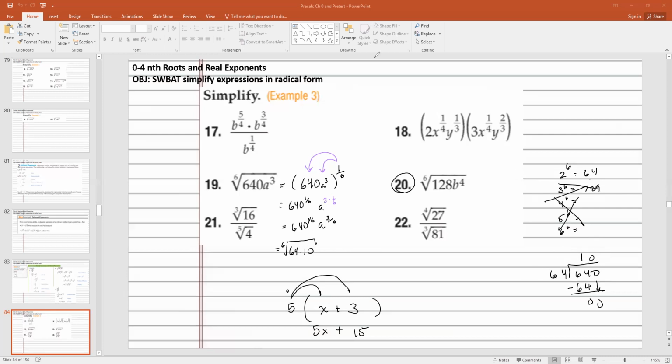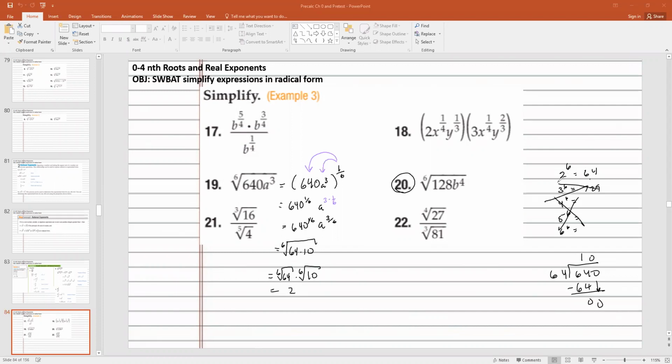All right. Let me get rid of this. And then the 6th root of 64, you don't need to show that step, but I will. So the 6th root of 64 is 2.